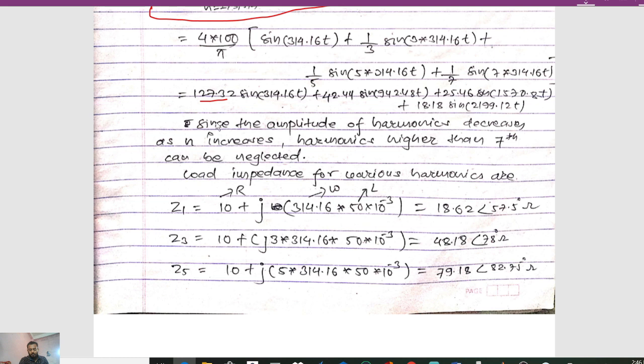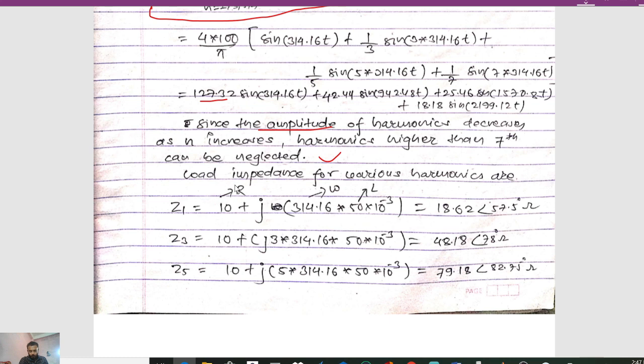The amplitude of harmonics decreases as n increases, so harmonics higher than the 7th can be neglected. That's why we have taken just 1, 3, 5 and 7.